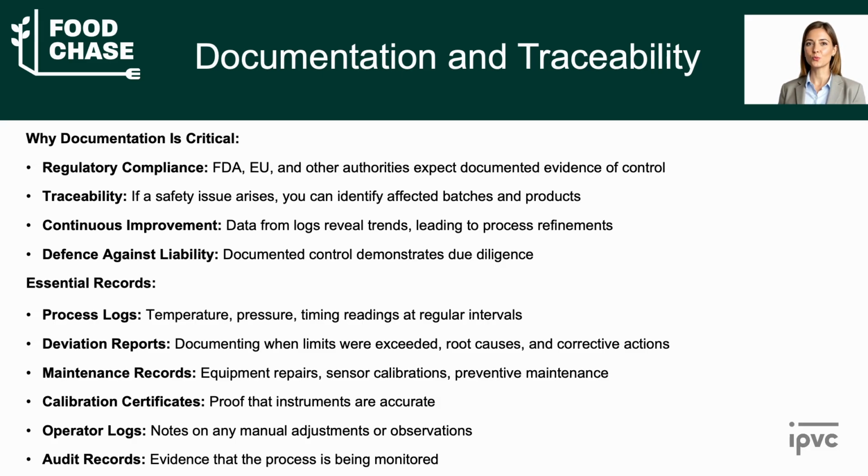Maintenance records show you which equipment components fail most often, helping you plan maintenance strategically. Calibration certificates prove that when you recorded a temperature of 73 degrees, the thermometer was accurate within its stated tolerance. So documentation is not a burden. It is your map of the process and your proof of control. For shelf-stable products, keep records for the shelf life of the product plus 1 additional year.